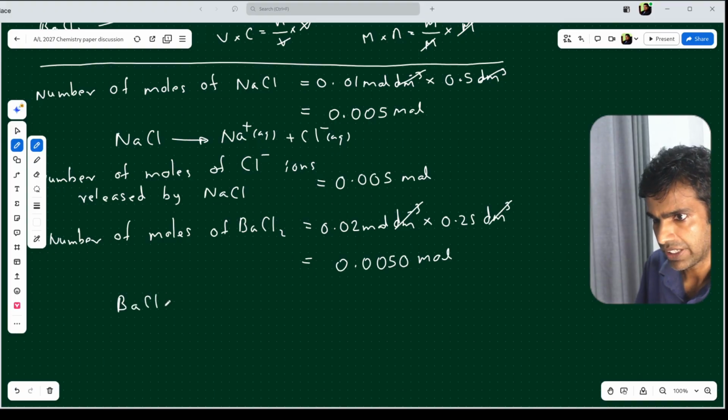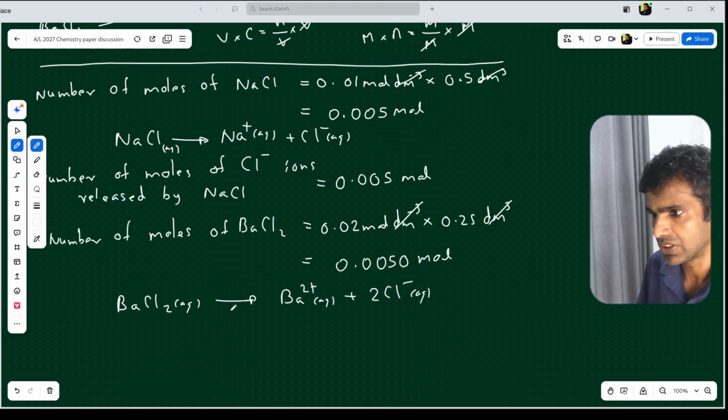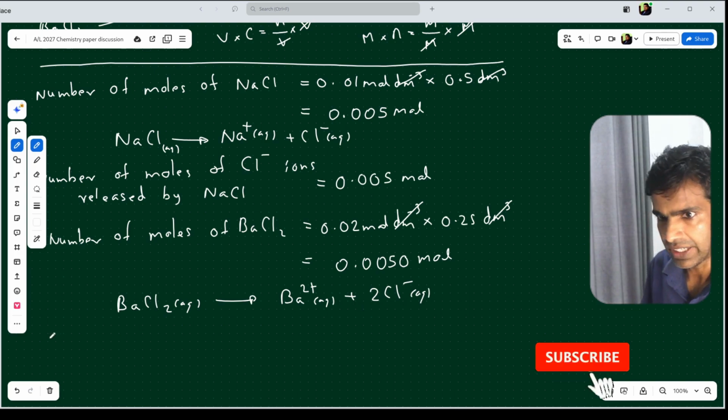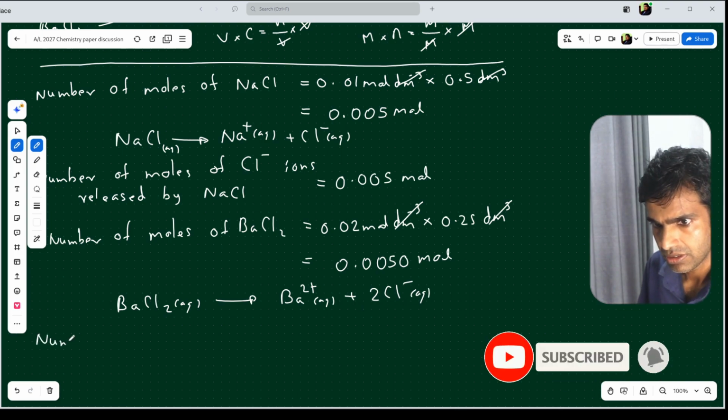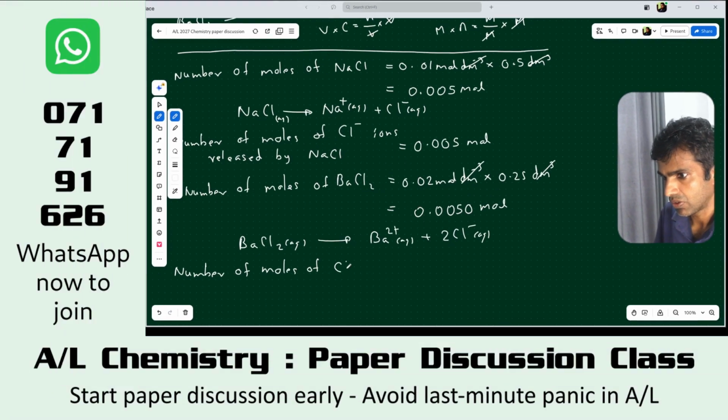When barium chloride dissolves in water, it releases barium ions and chloride ions. So 1 to 2 is the mole ratio between barium chloride and chloride ions. Therefore we can calculate the number of moles of chloride ions released by barium chloride.